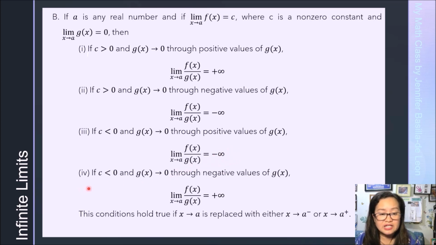Lastly, if c is less than 0 and g of x approaches 0 through negative values of g of x, the limit of f of x divided by g of x as x approaches a is positive infinity. But these conditions hold true if x approaches a is replaced with either x approaches a from the left or x approaches a from the right.